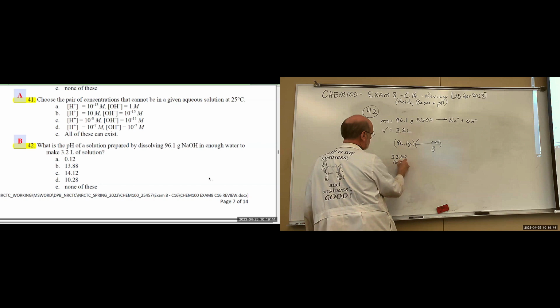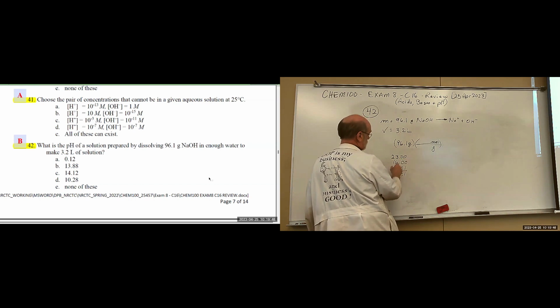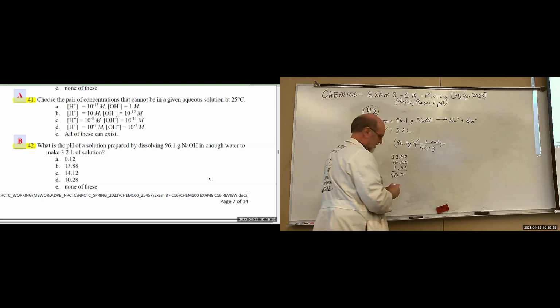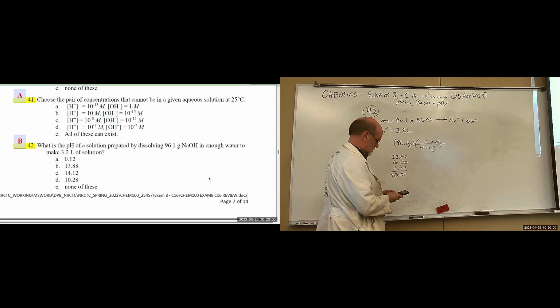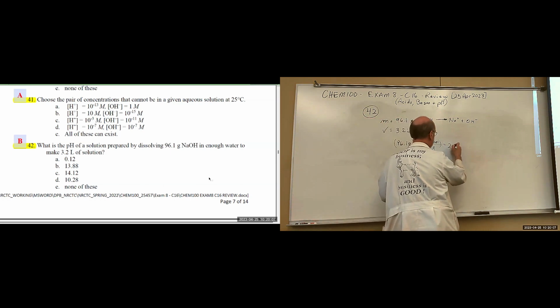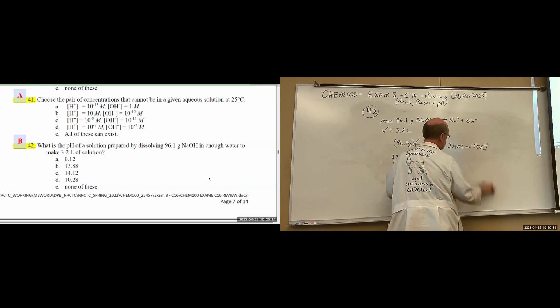Oxygen 16. And hydrogen is 1.01. That gives 40.01. So we'll divide that into 96.1, and we get 2.402 moles of hydroxide. That's not concentration. That's just moles of hydroxide.